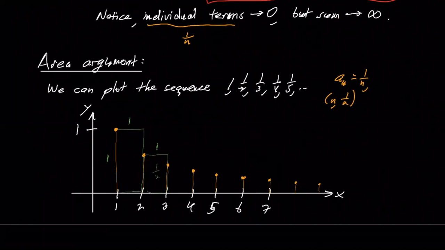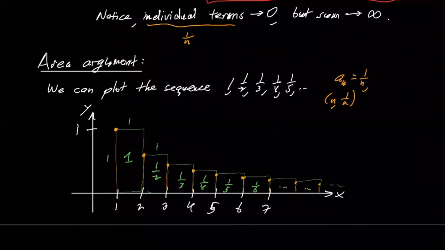Let me just draw some of these rectangles in and then I'll put the areas. So I'm going to draw rectangles, which should look like rectangles you've seen before. It looks very Riemann sum-esque, right? And this keeps going. And so the area of the first one is 1 because it's 1 by 1. The area of the second one is a half. Area of the third rectangle is a third, a quarter, oops, a fifth, a sixth, and so on.